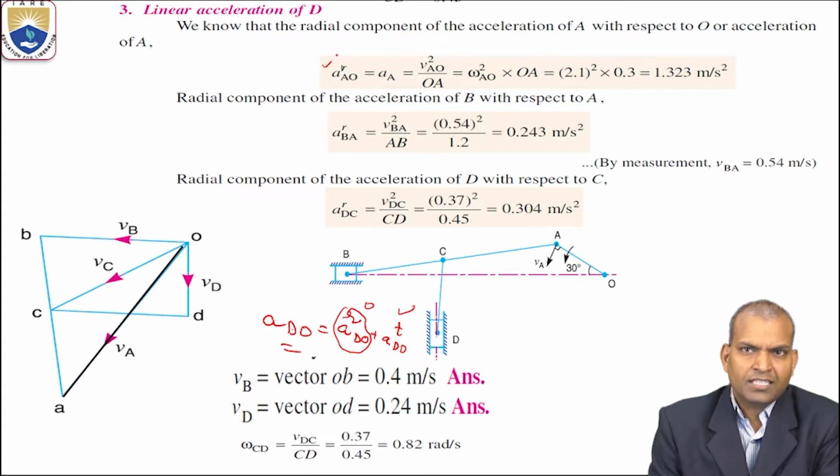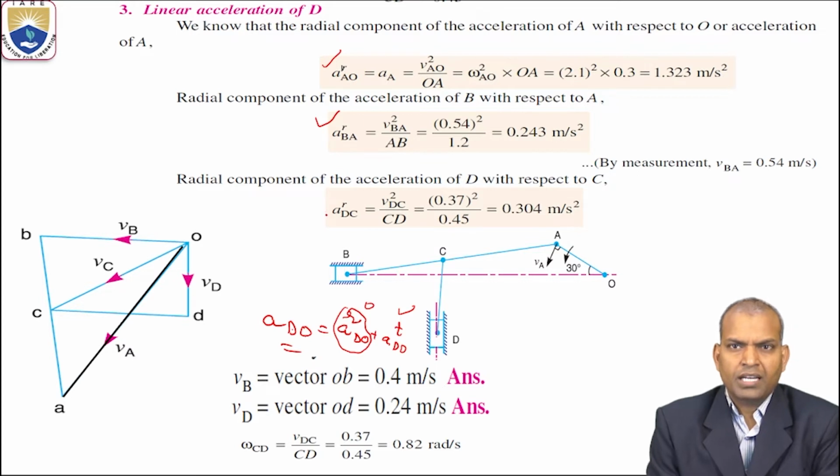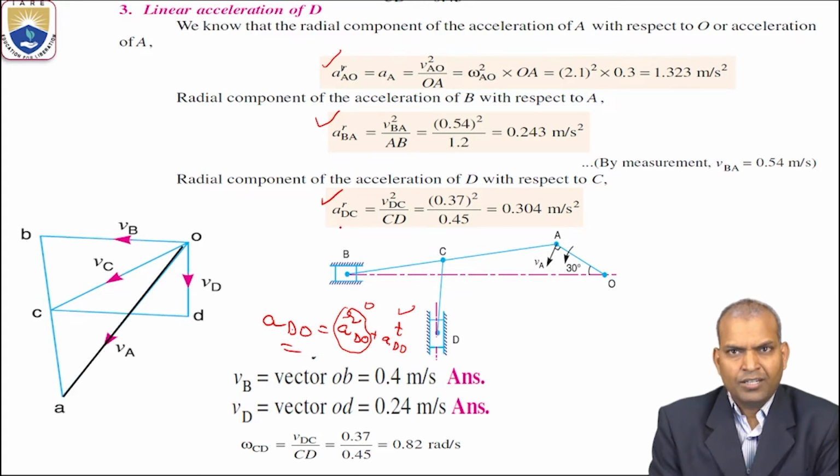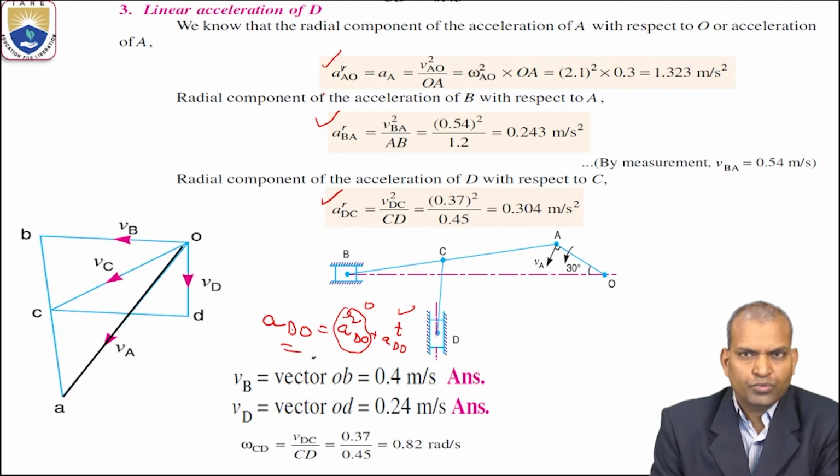The radial acceleration of link AO, the radial acceleration of link BA, and the radial acceleration of link DC. Whatever known values we have, we have to calculate and keep aside. These values are useful to draw the radial components and also help to draw the tangential acceleration components, because we don't know the magnitudes of the tangential acceleration components, but the directions are known.